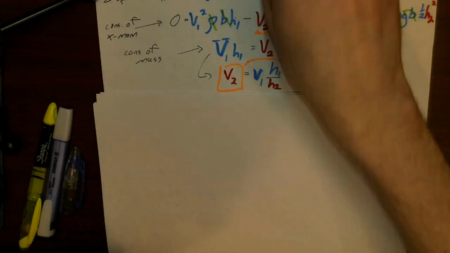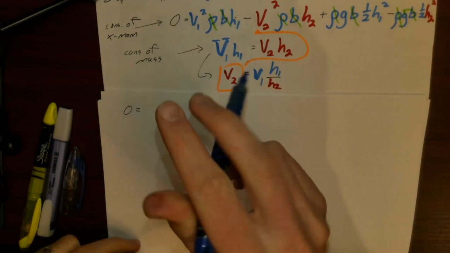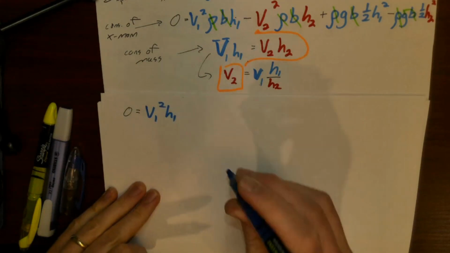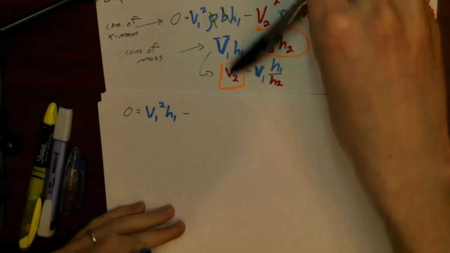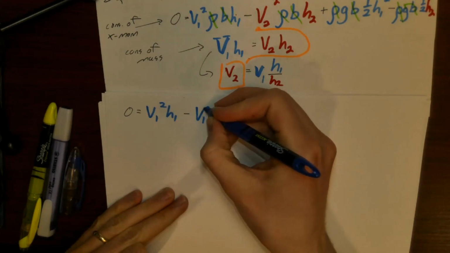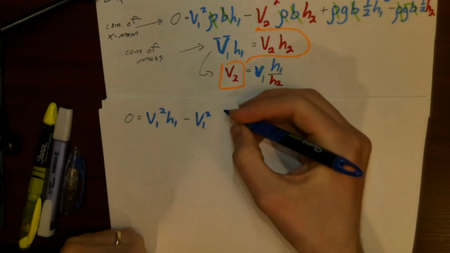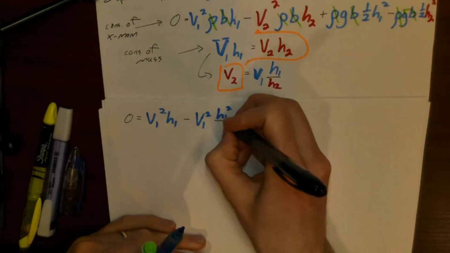Once we plug that in, we'll end up with 0 equals this first term here, V1 squared H1. And then we're going to have minus, and when we plug in this here, we get V1 squared, right? Because we're squaring this term when we plug it in. We get V1 squared H1 squared over H2 squared.